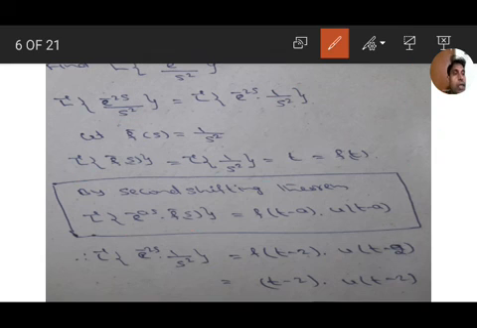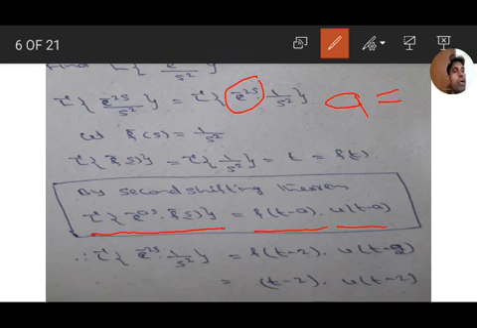Therefore, by second shifting theorem, L inverse of e to the power of minus as into f bar s equals f of t minus a into u of t minus a. Here a equal to 2.